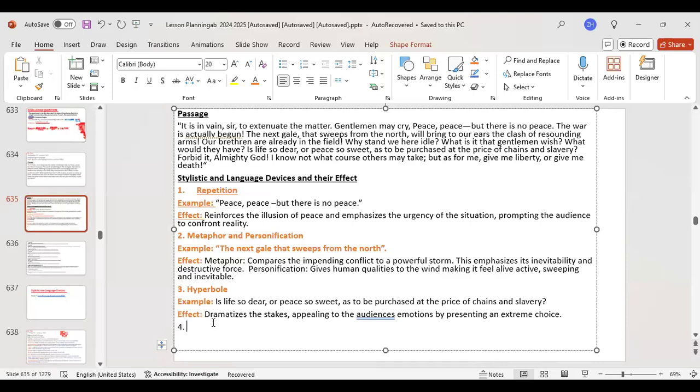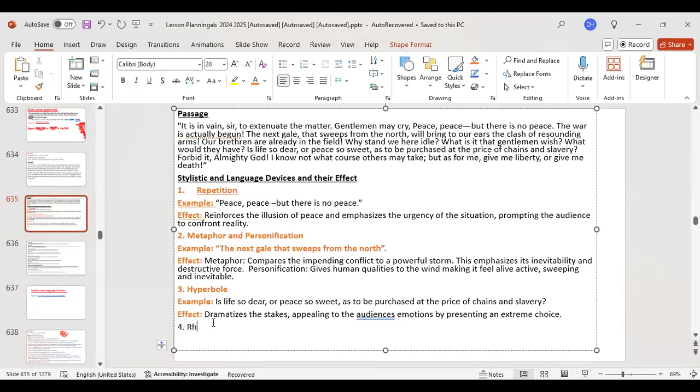Anyone else? What other technique do we see? I think I have two, but I don't know if they're correct. Go ahead. So it says, "our brethren are already in the fields. Why stand we here idle?" I think that's a rhetorical question. Oh my goodness, you're on point. It is a rhetorical question. And the second one is "Is life so dear, or peace so sweet, as to be purchased by the chains and slavery?"